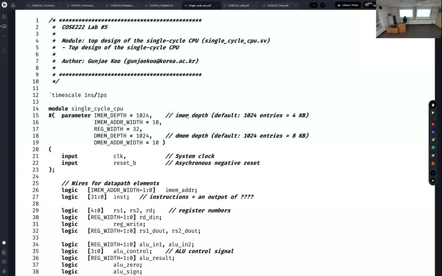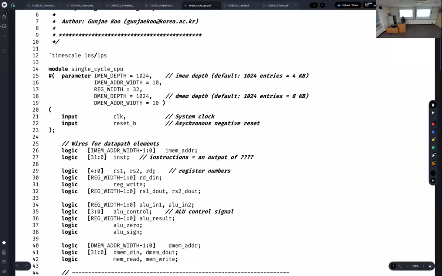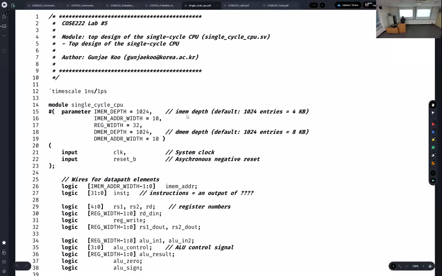So we can use these data path elements, and you don't need to modify these design modules. You need to complete only this single cycle CPU.SV.